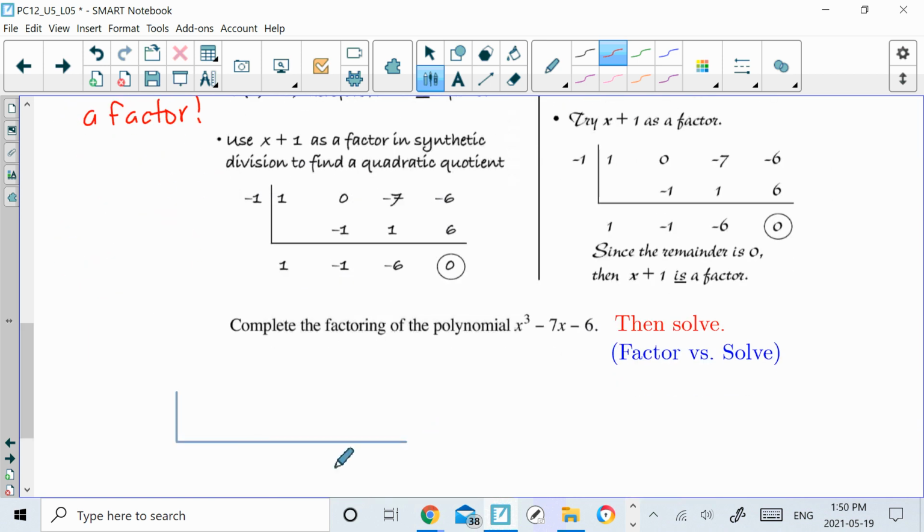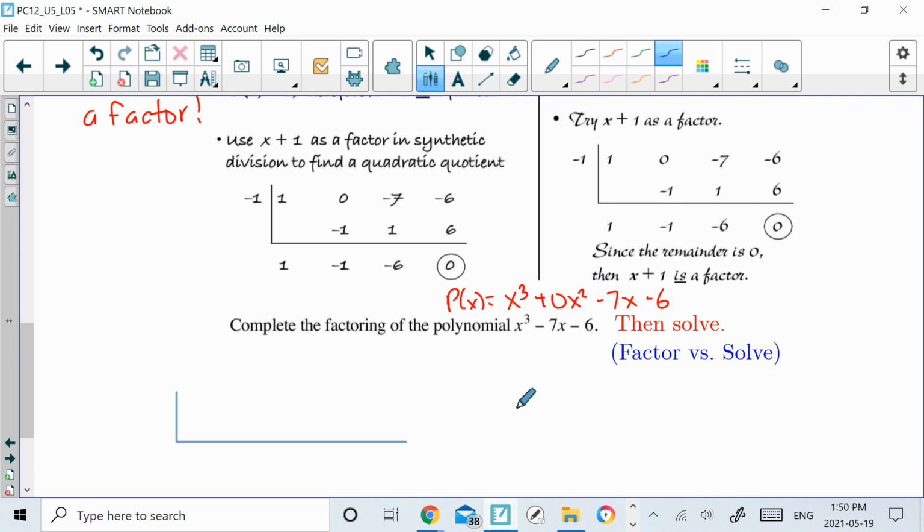So I'm just going to go down here. It says completely factor the polynomial. So remember that we need to be in descending order of x, and we need zeros as placeholders. So the polynomial is x to the 3 plus 0x squared minus 7x, and the constant is -6.